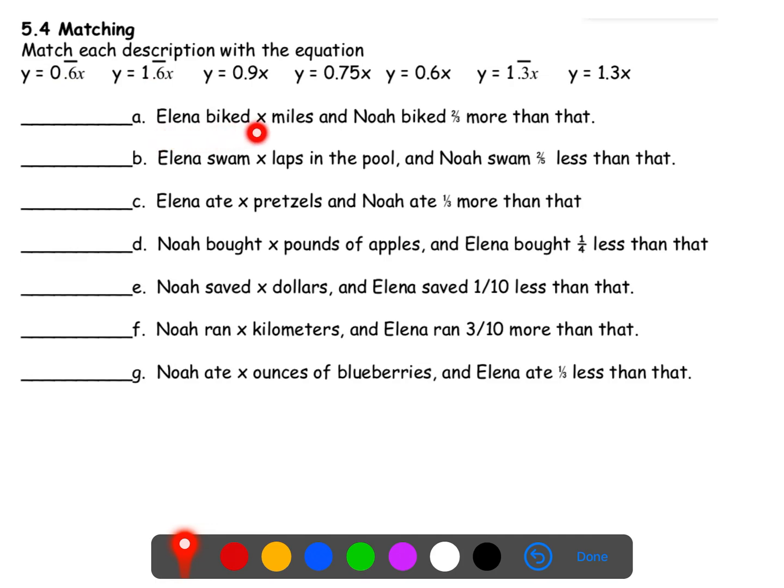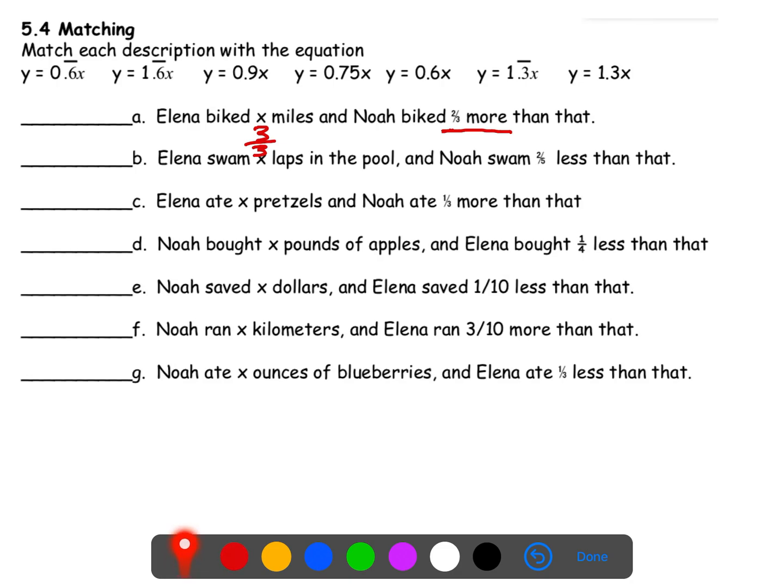It says Elena biked x miles and Noah biked 2/3 more than that. So we could draw a situation here, but we really don't need to. We need to look for those key words. We're talking about Noah biking 2/3 more. Because thirds is our denominator here in the situation, that means that we're going to represent Elena biking x miles with thirds also. So if she biked x miles, all of x is going to be 3/3.